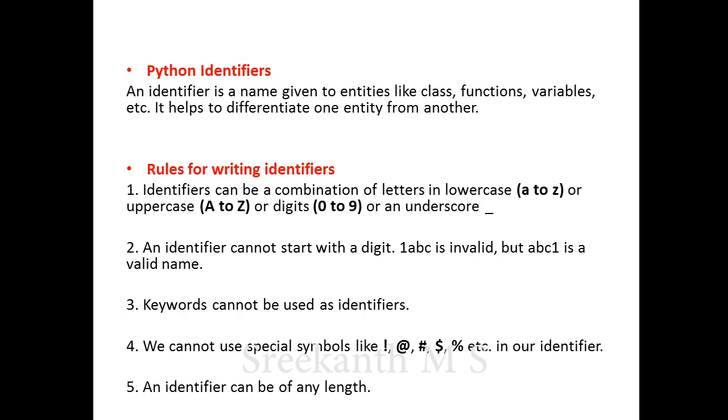In other words, we can define an identifier as something that is used to differentiate one entity from another. There are some rules in Python for how we name an identifier and what letters we can use.